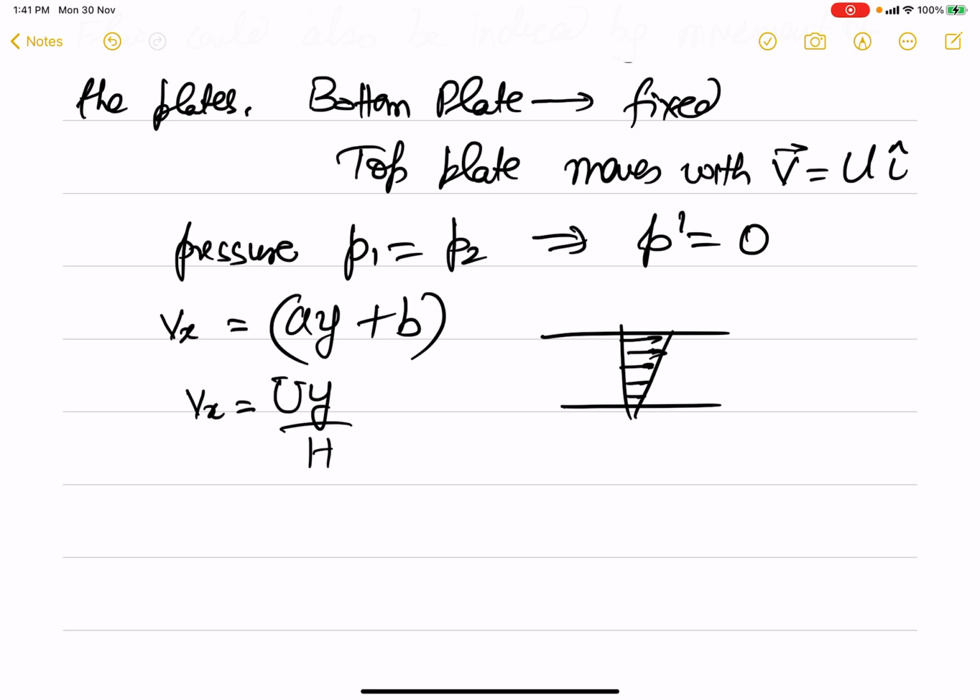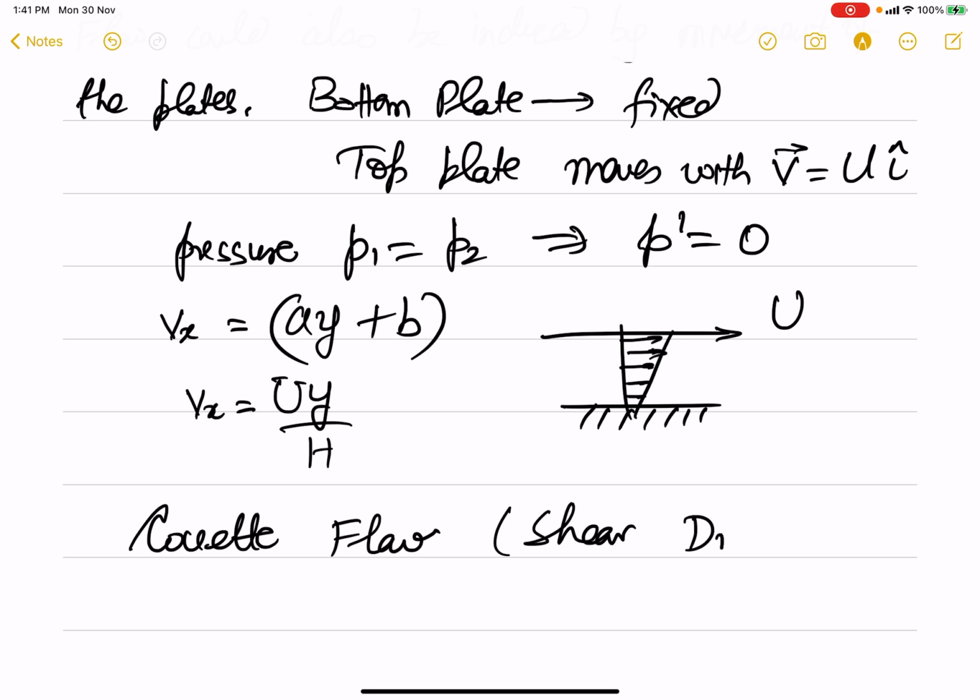B will become 0 and the top boundary condition will give us this. And this flow is called Couette flow. It's also sometimes referred to as shear driven flow, which is a flow caused by shear.